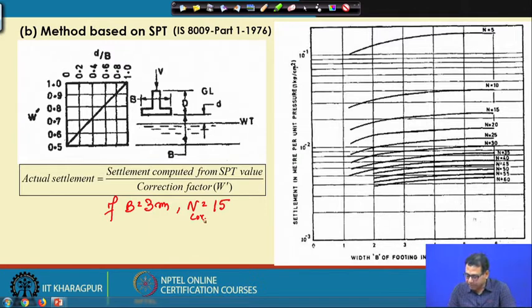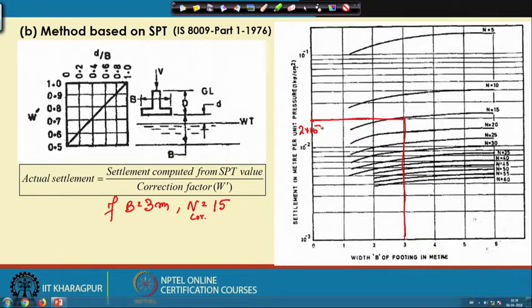So, this is the 3, and this is the 15 N value chart. Corresponding to this, the value is equal to 2 into 10 to the power minus 2. Okay. So, the y axis is in the log scale, so this is a semi log graph.